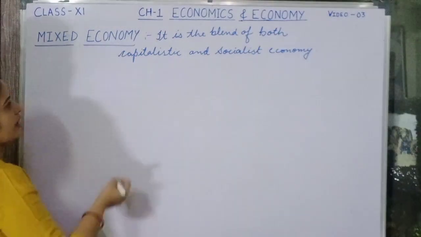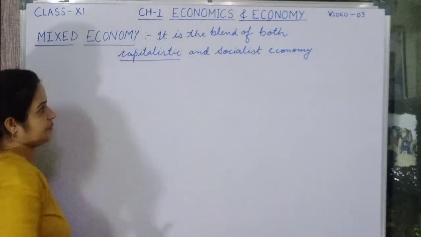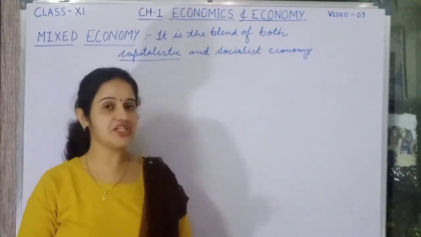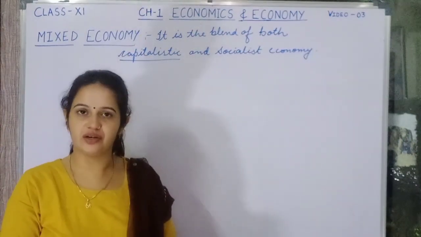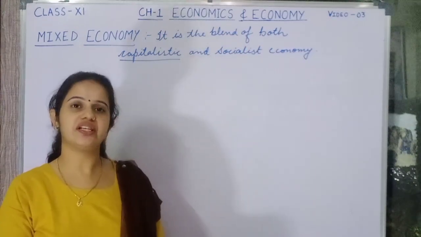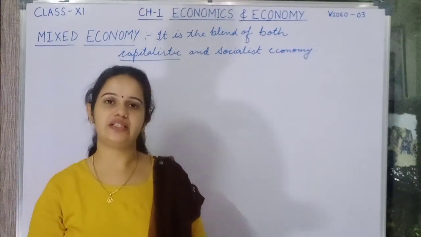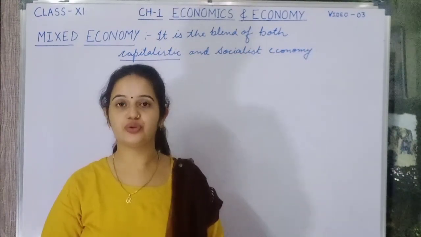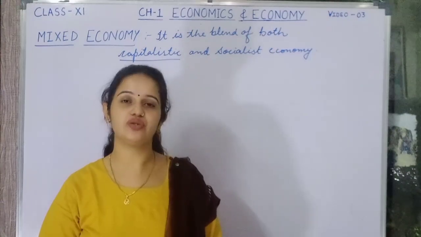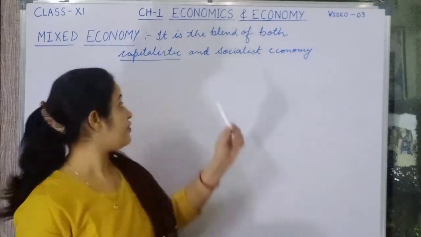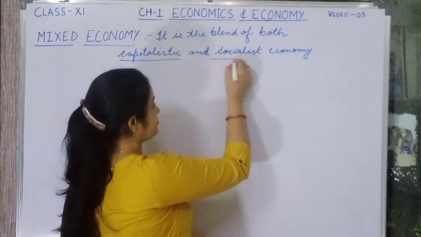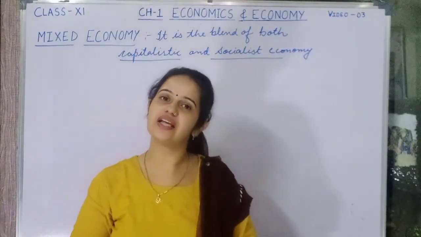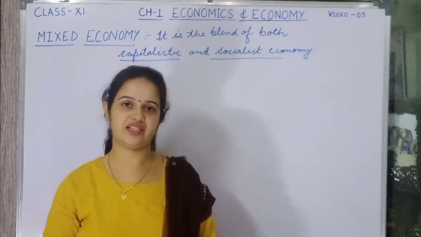Let's first recall the capitalist economy. In capitalist economy, all the decisions are managed and controlled by private sector. So if we talk about the educational institution, banking sector, transport facilities, industries, all are managed and controlled by private individuals or private hands. But if we talk about socialist economy, this is that kind of economy in which all decisions are managed and controlled by public sector or government.